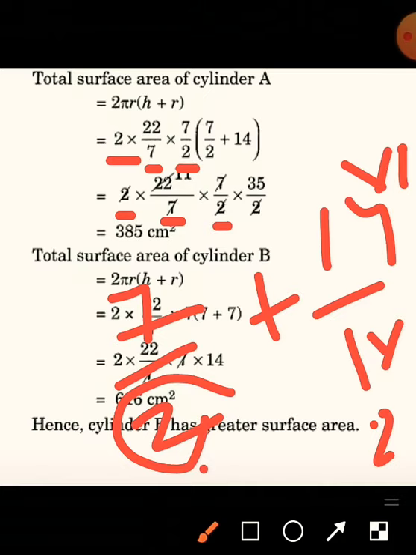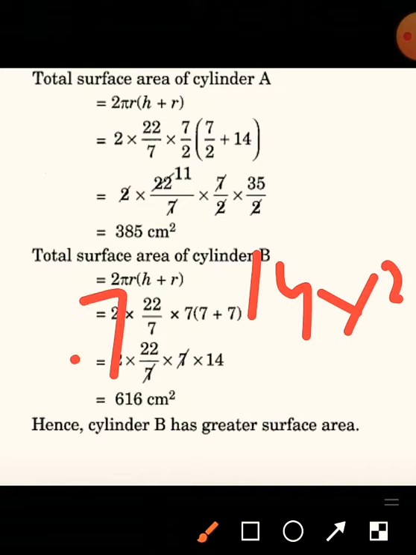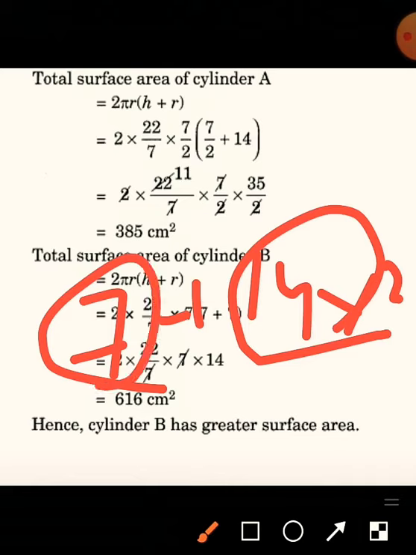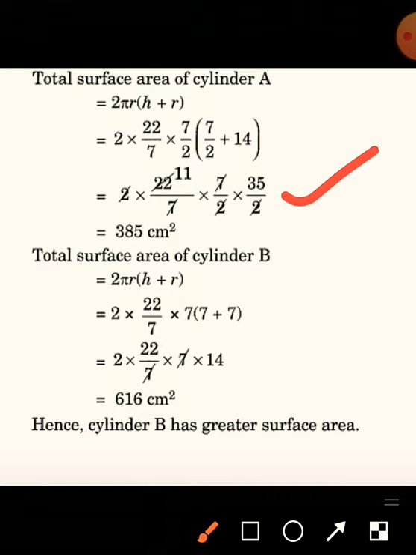So here 14 twos are 28, and the first part is already 7. So 28 plus 7. After the LCM we will add up, and after adding we will get 35 upon 2 after solving this bracket part. You have to take the LCM and then add.